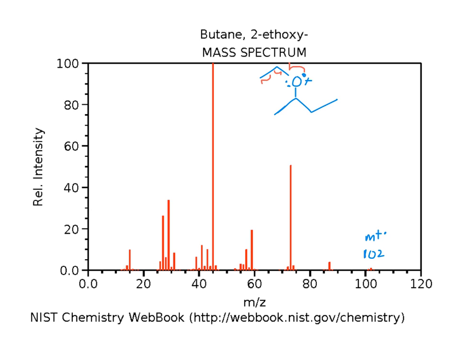So that one would lose a methyl group, right? So we'd end up with this, the plus here, and this should be at 87. Okay, here's 87. So it happens a little, but not that much.